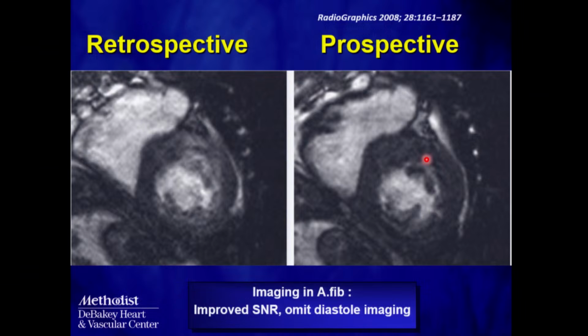Versus if you use what we call prospective gating, since the diastolic filling period is variable in AFib but your systolic or ejection period is the same, then when you omit the diastolic image and only acquire images prospectively during that period of the RR interval, you have a much better signal to noise ratio. Hope you agree with me here that the blood myocardium interface has much better resolution and edge definition than here, where the blood myocardium interface is very blurry and noisy.